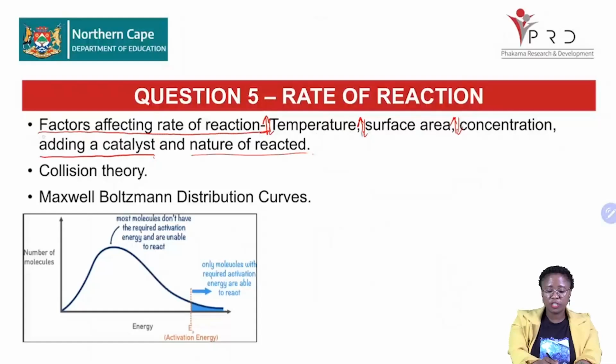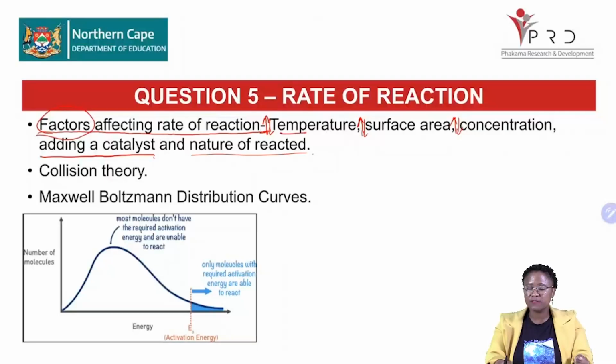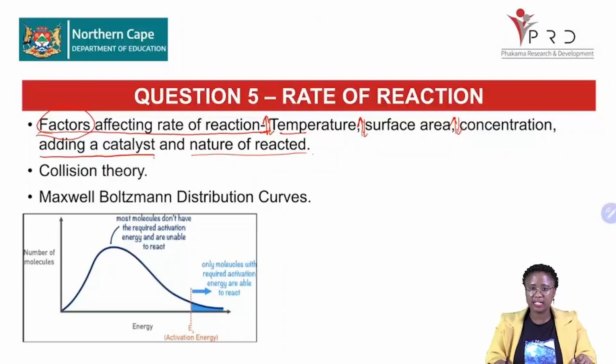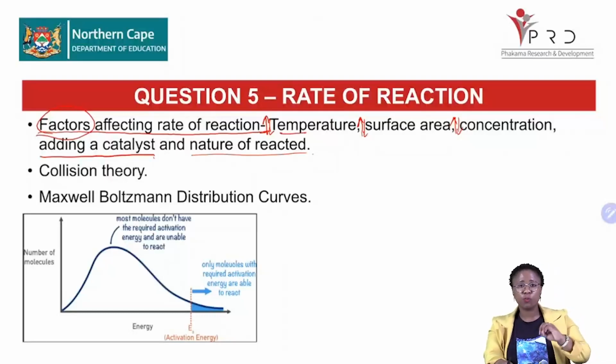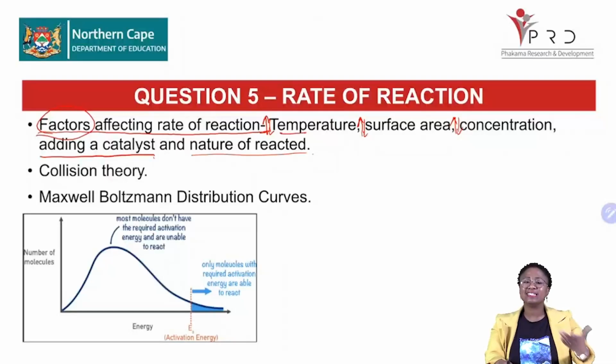Remember, when you are doing factors that affect the rate of reaction, it's very important that when the examiner gives you an investigative type of question, you identify which factor has been investigated. Once you are able to identify which factor has been investigated, then you must look at what the factor is doing. Is it being increased or decreased?